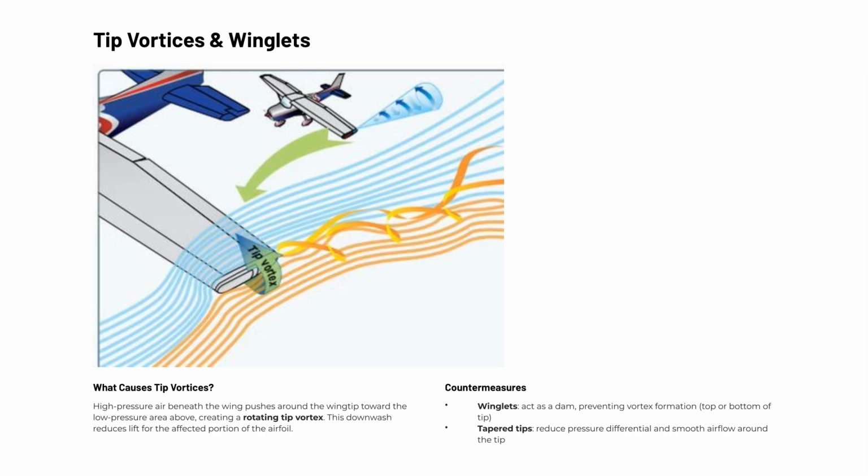Tapered wingtips take a different approach, gradually reducing the chord length toward the tip to minimize the pressure differential and allow airflow to transition more smoothly around the tip edge. Both solutions target the same root cause, that pressure imbalance at the tip, but through different geometric strategies. Understanding this mechanism is fundamental to appreciating why wing planform design has such a significant impact on overall aircraft performance.